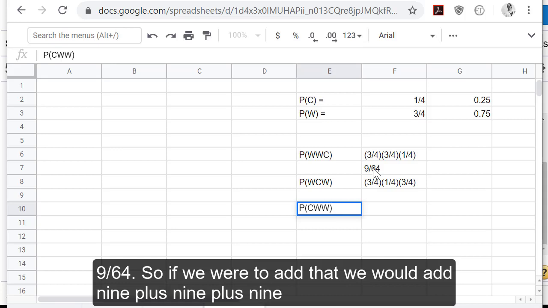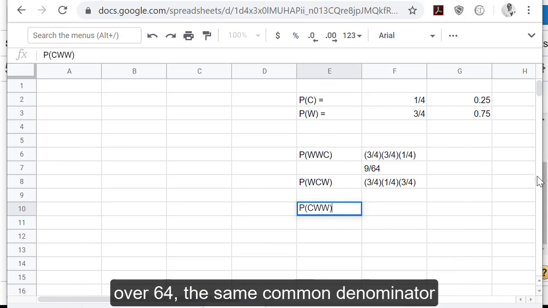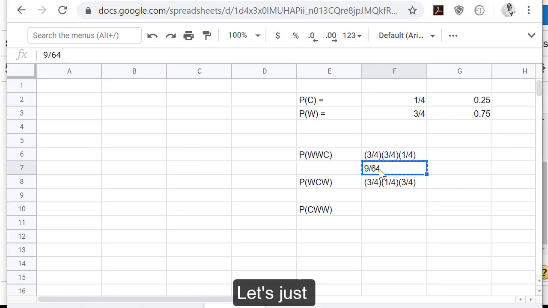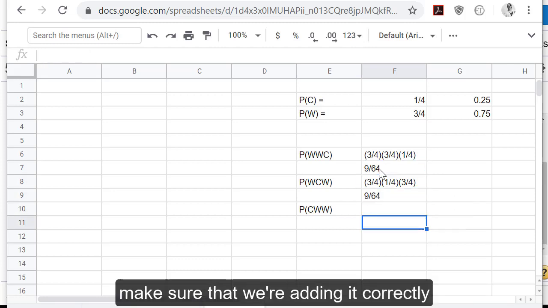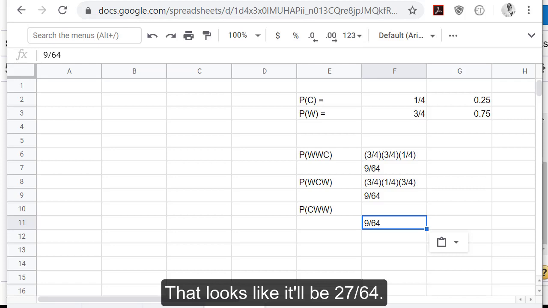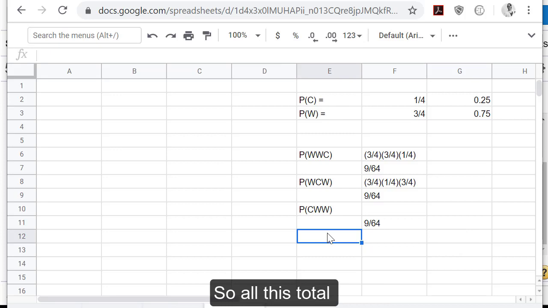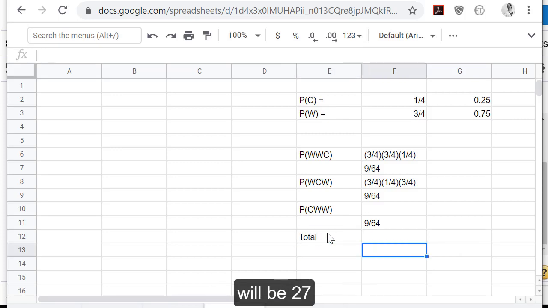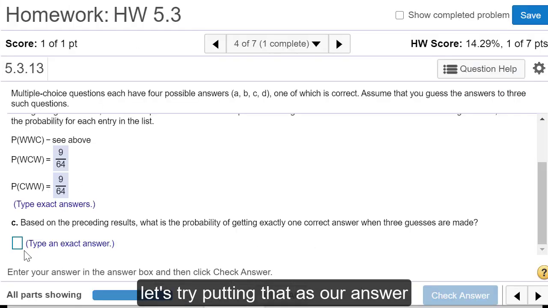So we would add 9 plus 9 plus 9 over the same common denominator 64. Let's make sure that we're adding it correctly. That looks like it'll be 27/64. So all this total will be 27 over 64. Let's try putting that as our answer.